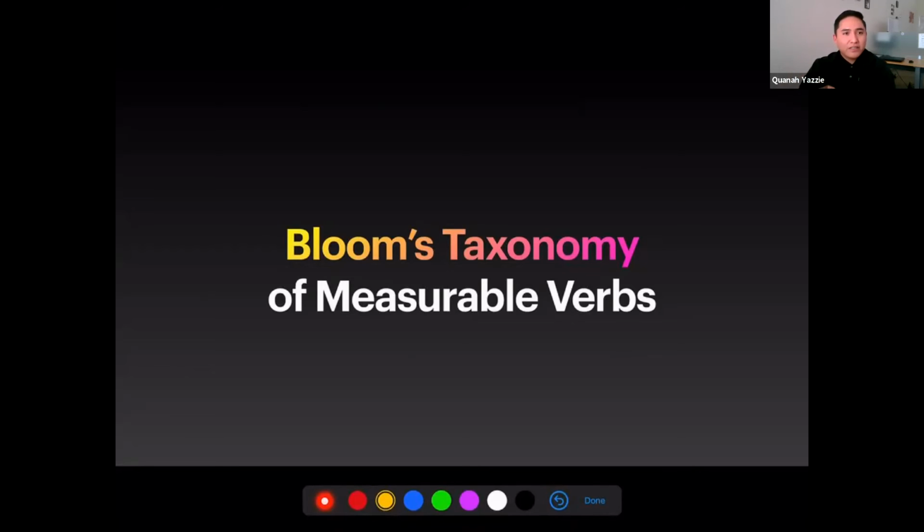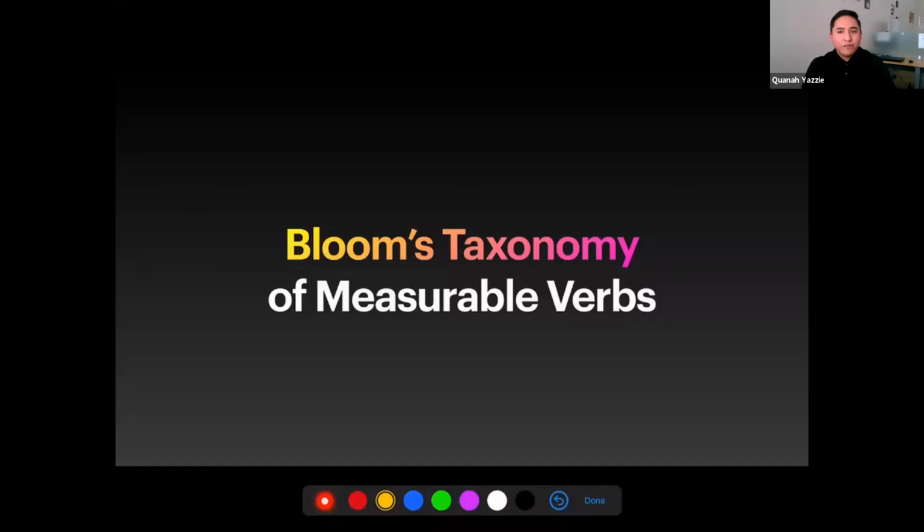So there are learning objectives attached to each level, and that's what we'll look at. And there will be verbs relative to each level. So that's what we're going to be doing. These are Bloom's taxonomy of measurable verbs, which we can rename as thinking verbs, or some say signal words. Power words is a good one too that they use a lot as well.